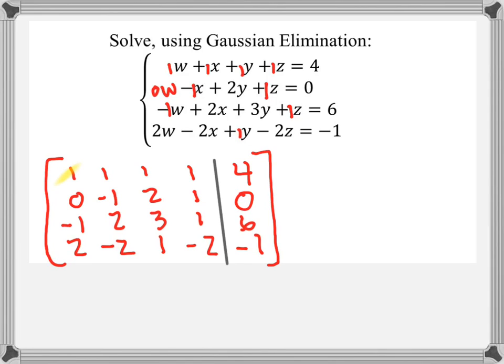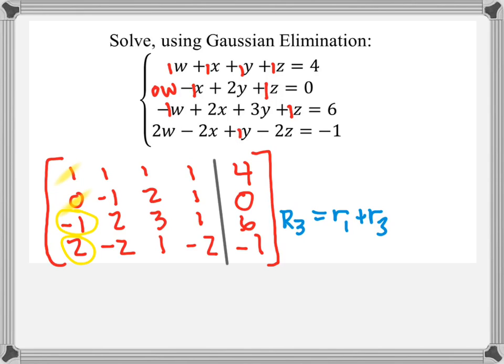We already have a 1 in the first row, first column, and we do have our first 0 beneath it, but we need to make this -1 a 0 and this 2 a 0. There are different ways you can do this, but a way that will work every single time is to take the opposite of the number you're trying to change into a 0. So if we've got -1, the opposite of -1 is 1. Multiply that by the row that has a 1 in the column that we're dealing with, and add it to the original row.